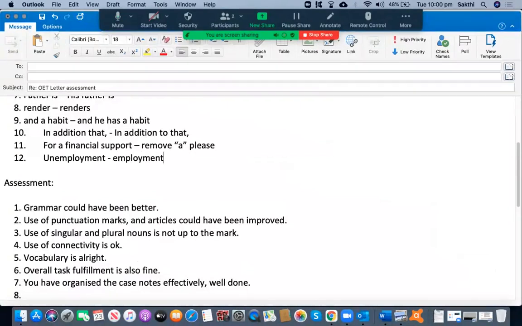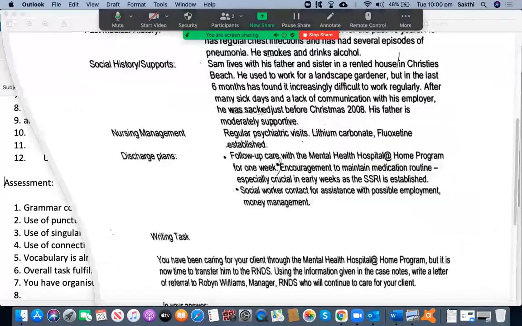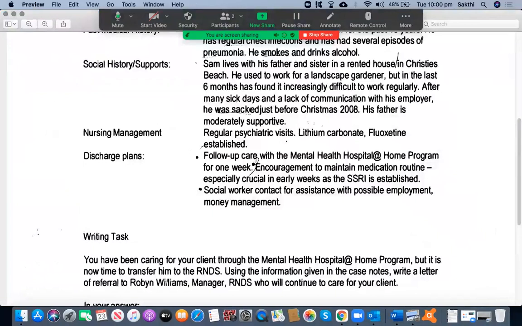Because even instead of writing down employment, which is the same phrase from the case notes, you could have used something else for possible job opportunity. So we need the social worker to help him find a job opportunity and manage his financial support. You could have used some different words instead of writing it the same way.